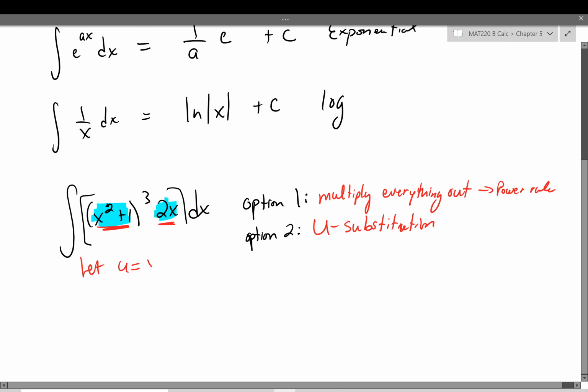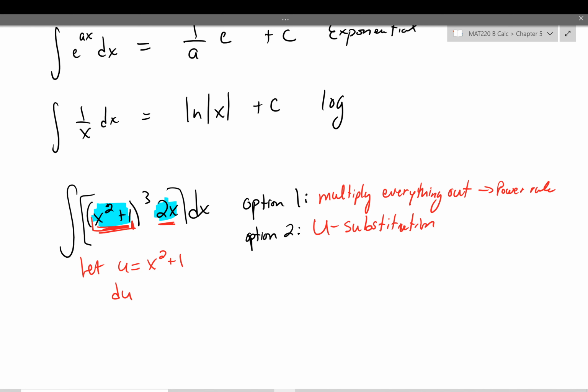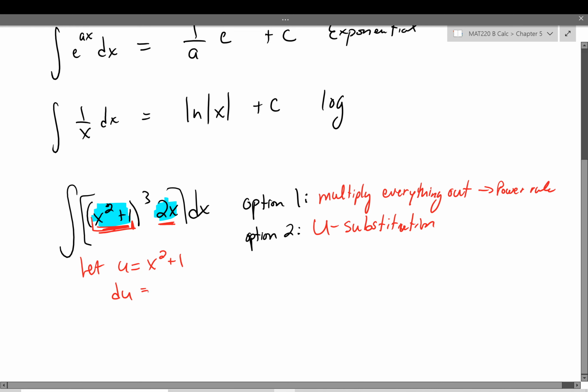So you're going to let it equal x squared plus 1. And then you're going to find what we call the differential. We've studied differentials in the past. Remember chapter 3? So you're going to take the derivative of u, which is going to equal 2 times x dx. So it's the differential.